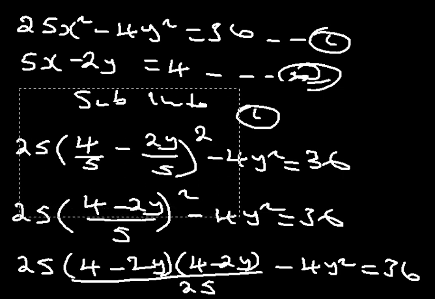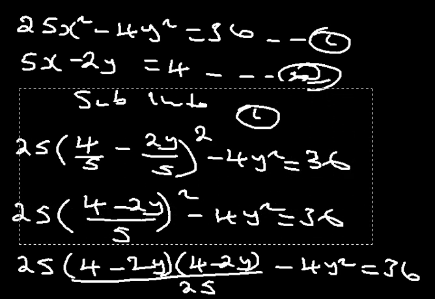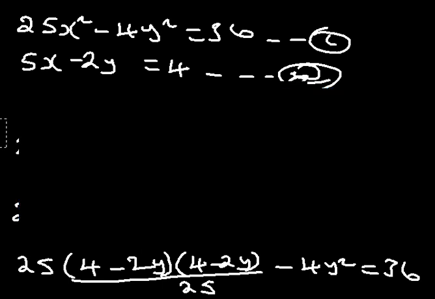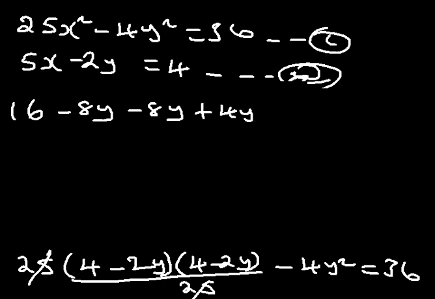In this case we'll multiply everything by 25, so this one will cancel. Then we'll have to expand here: we have 16 minus 8y minus 8y plus 4y squared, minus 4y squared, equal to 36.